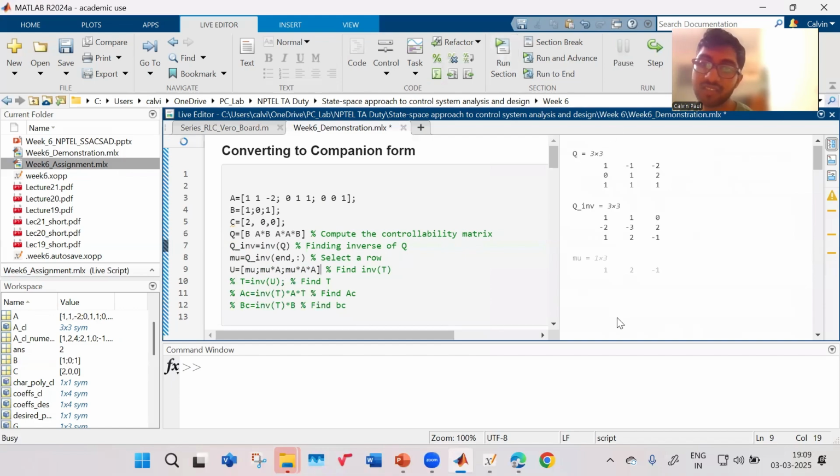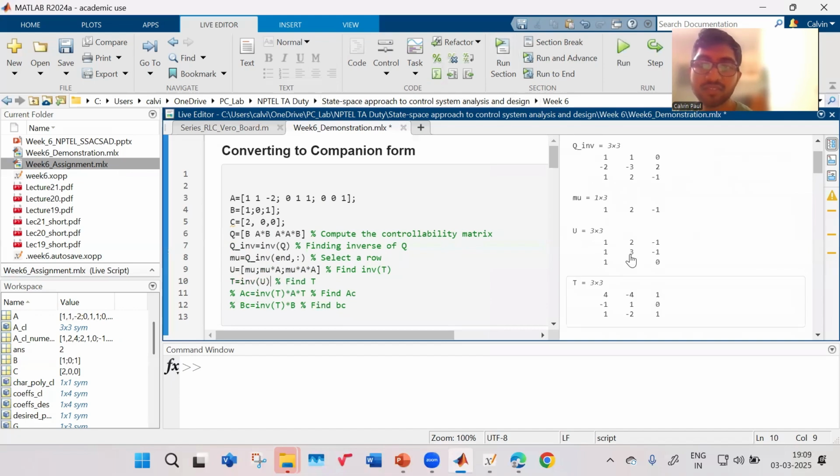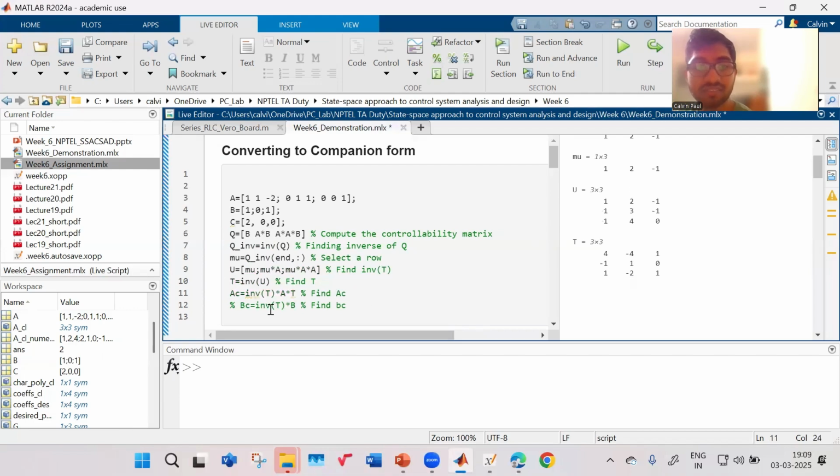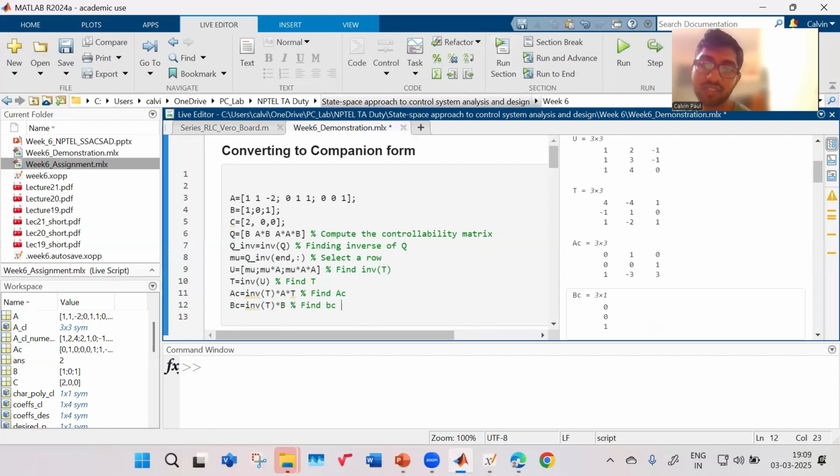So you will get mu. This will be your new matrix. Then you have to find the inverse of this matrix. This is the inverse of that matrix, and then you will find this in canonical form, and this will again be in canonical form.